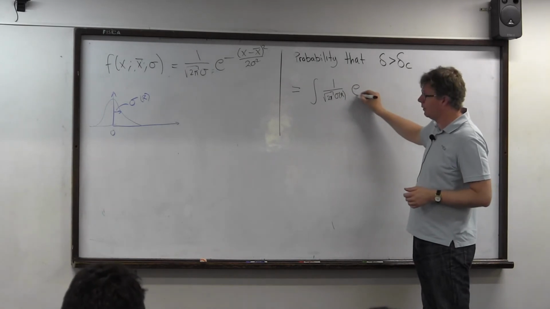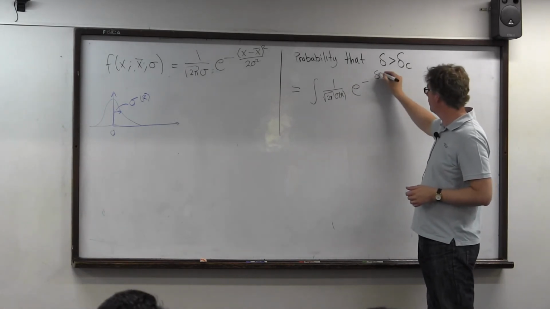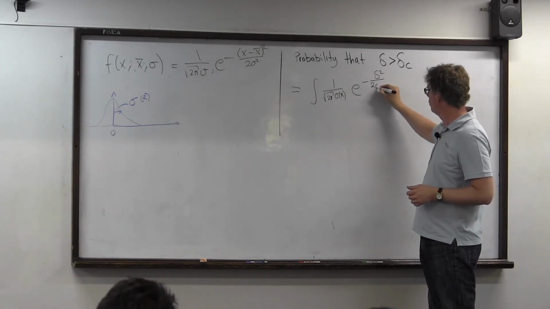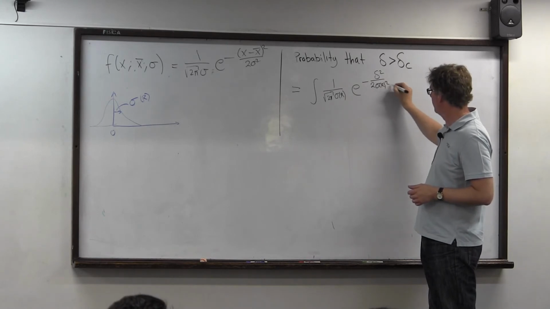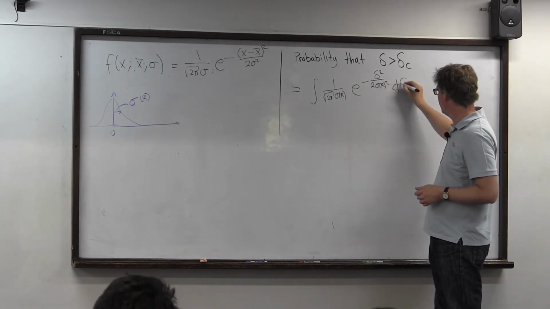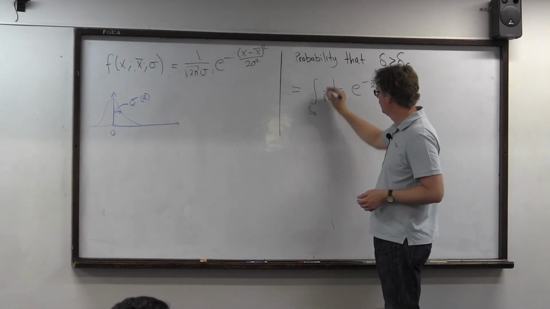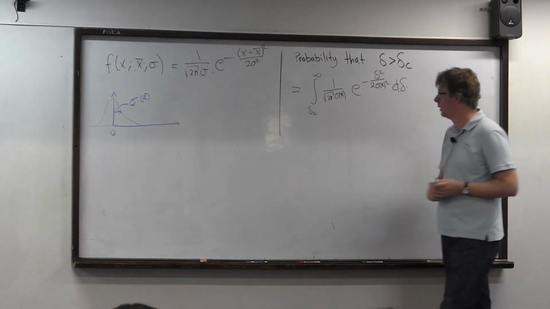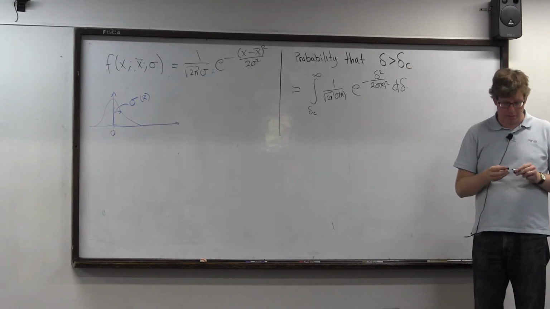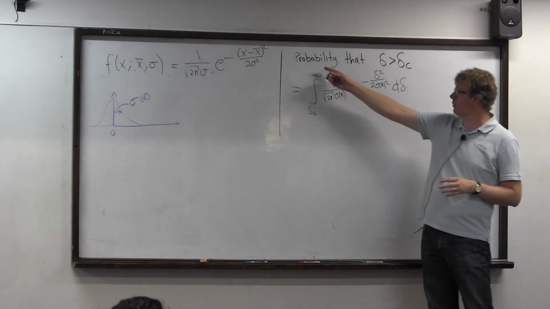And then e to the minus delta squared over 2 sigma of r squared, d delta, from delta c to infinity. That's what this means physically.